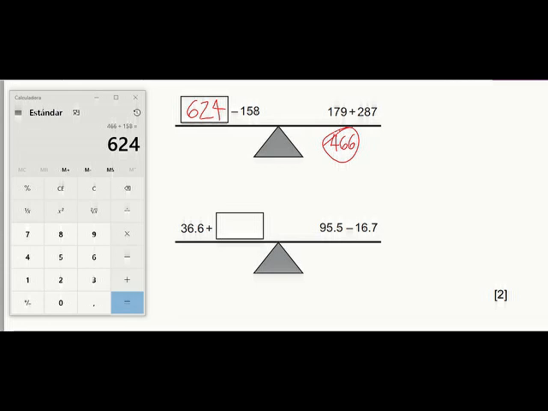And we are going to clear this, and we are going to say 624 minus 158 is 466, exactly what I want to have balanced. Yeah, this is the number I want to have here. So this is the result. This is the difference, 466. Now we have a balance. Got it?